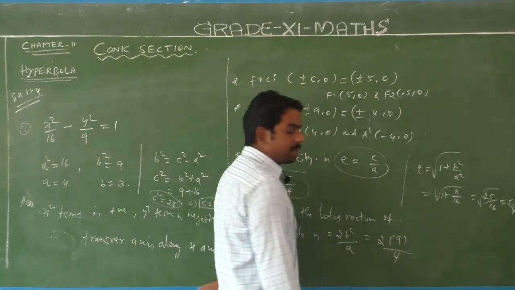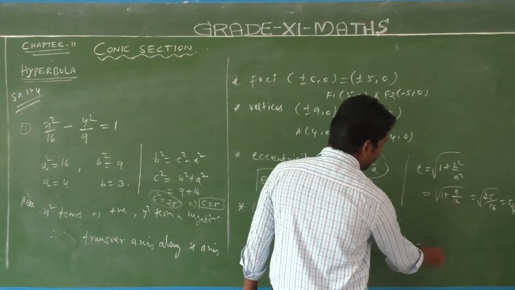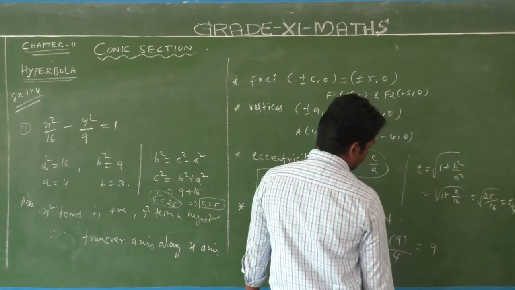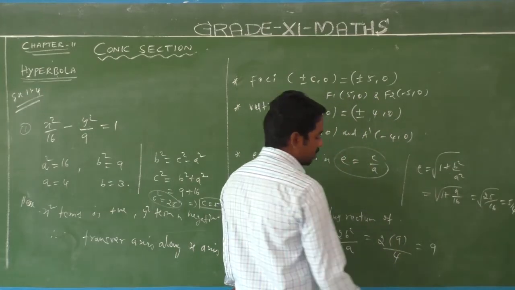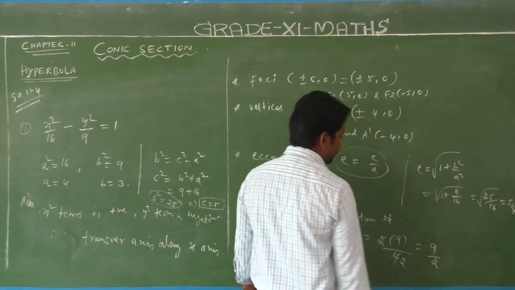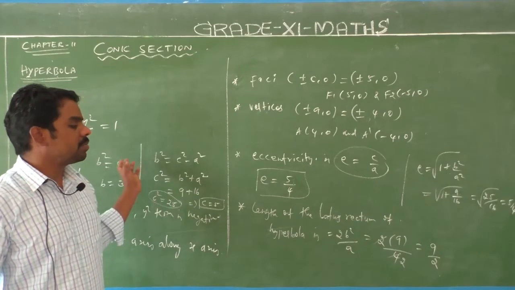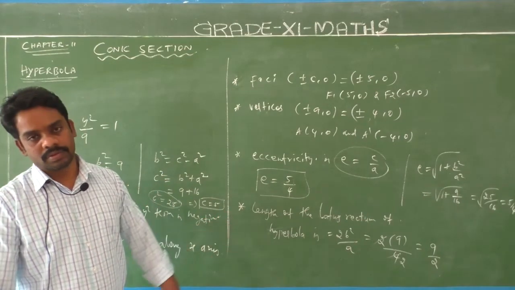So 2b squared by a, 2 into 9 by 4 is equal to 18 by 4, which is 9 by 2. 4 cancels, so 9 by 2. Therefore, the length of the latus rectum of the given hyperbola is 9 by 2.